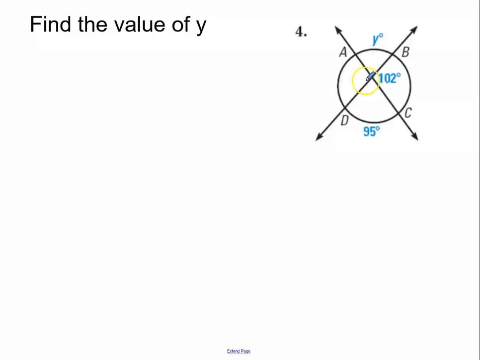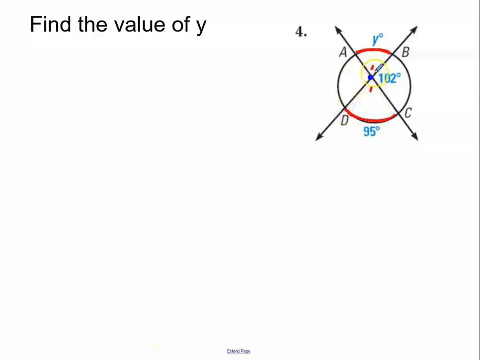This time we have the vertex inside the circle. So this is the one where we're going to have to do the average. Looking here, I'm looking for this arc right here, and in order to find it, I need to know this angle and this angle.